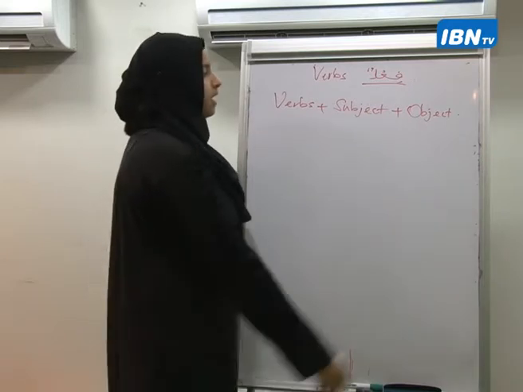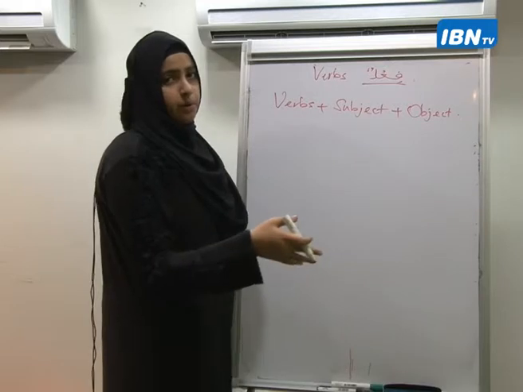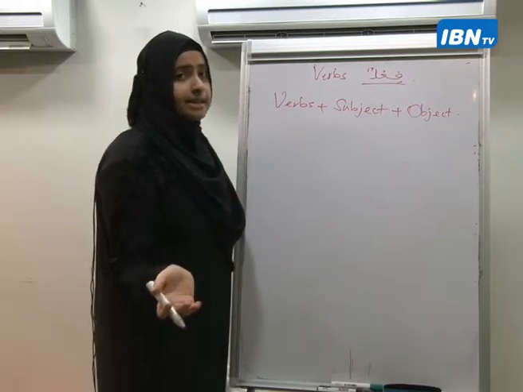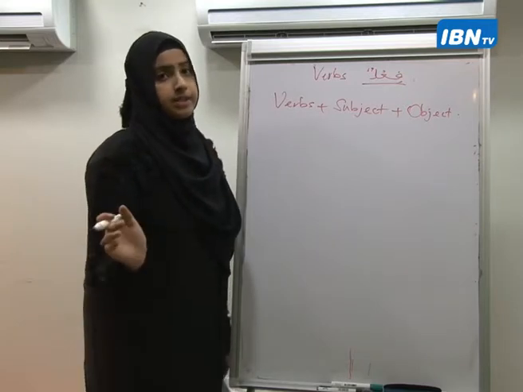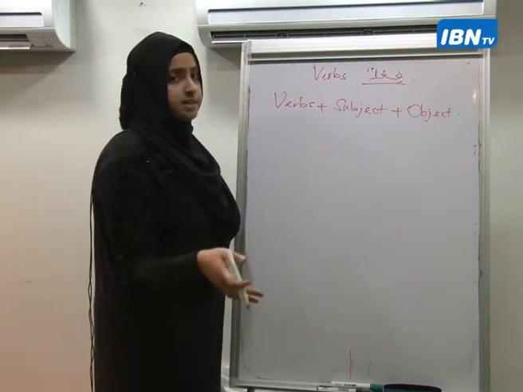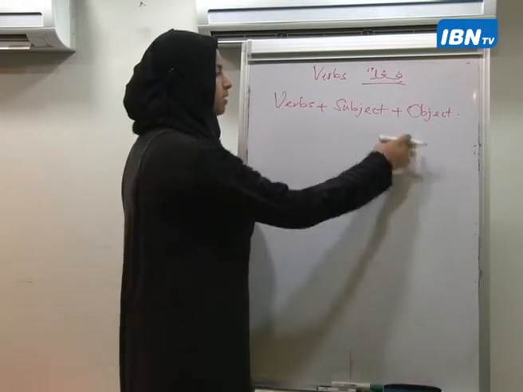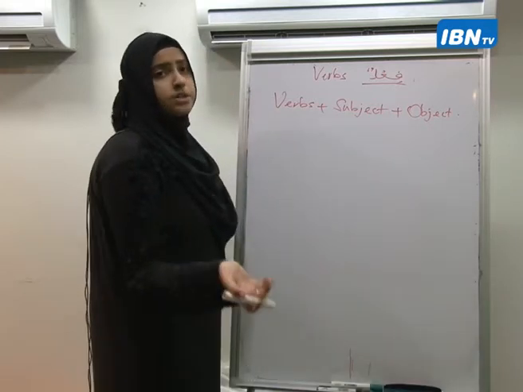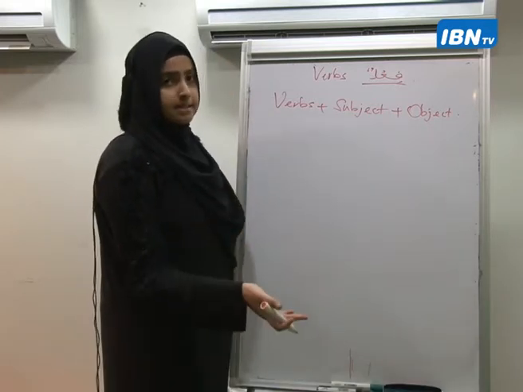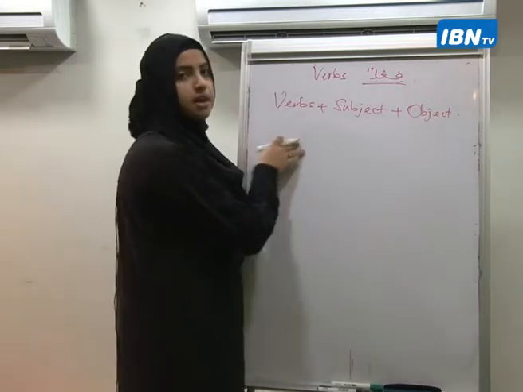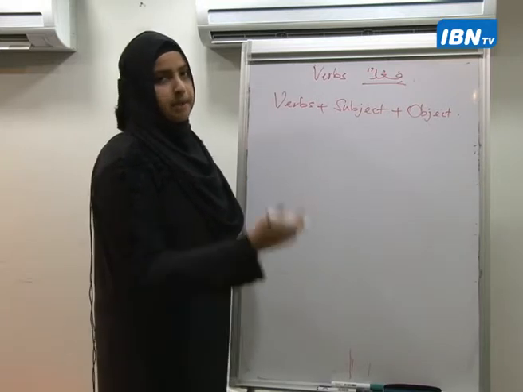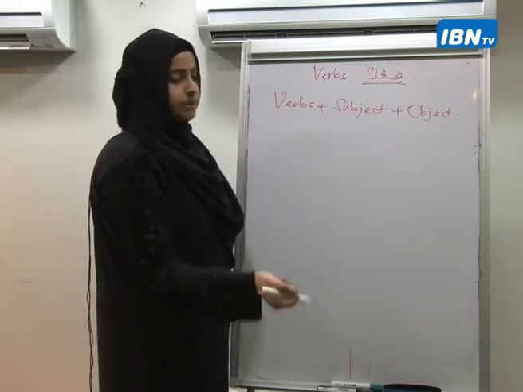So for now, don't put any sign, because objects, like I said in the previous session, never carry a jazm. It never carries a sukun, right? So that's the thing I want to clarify. And if you want to try and make sentences, we still haven't done prepositions, but you're going to use the same format: verb, subject, object, right?